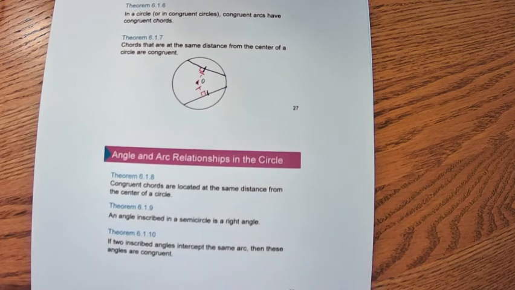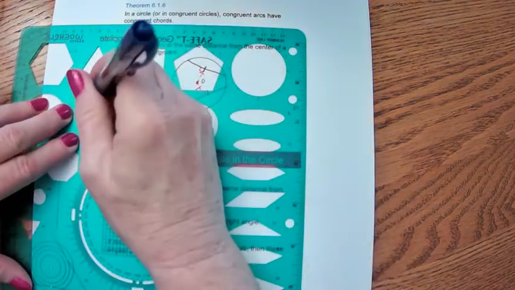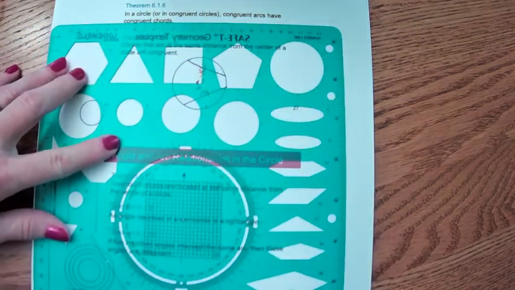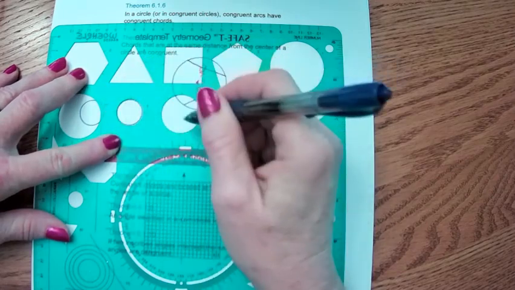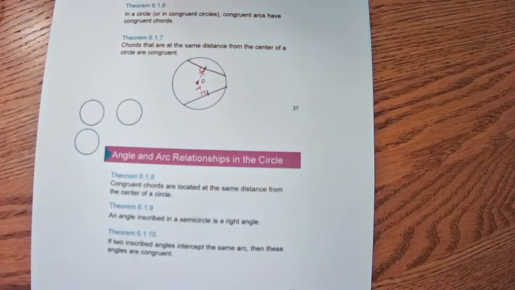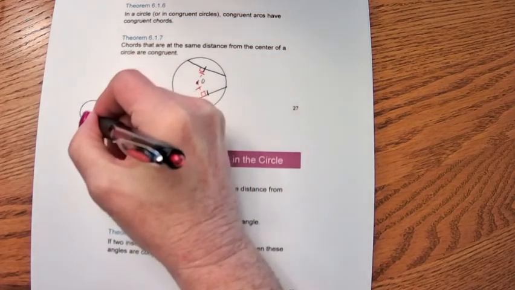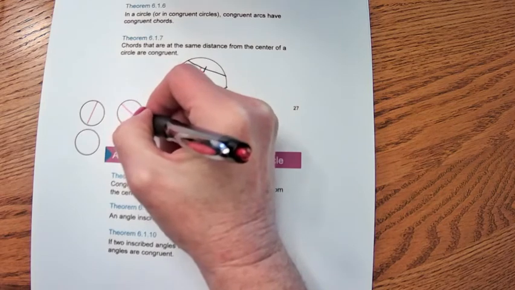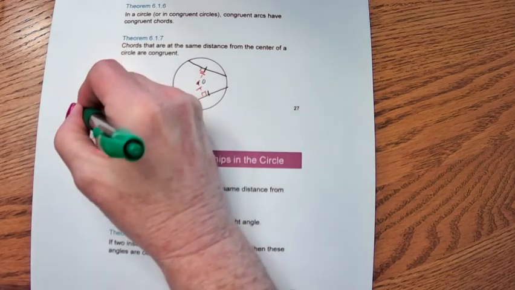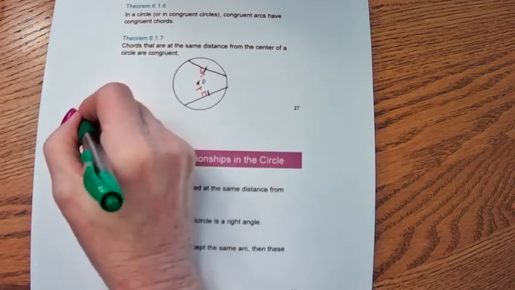How about this one? An angle inscribed in a semicircle is always a right angle. I always found this interesting, but remember, inscribed angles are 1/2 the measure of the intercepted arc, remember? Here we're going to have some semicircles. That's a 90-degree angle.